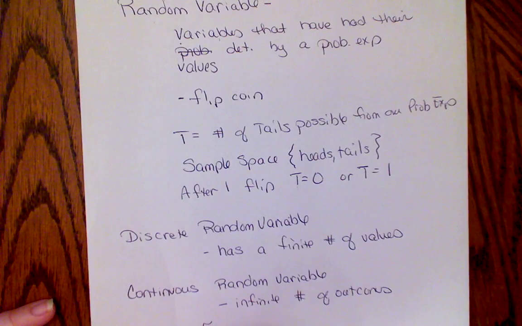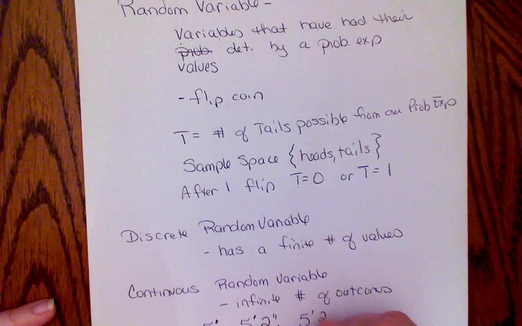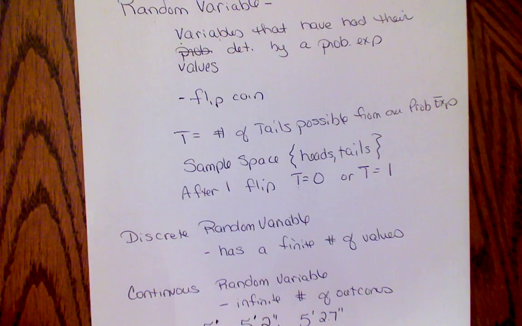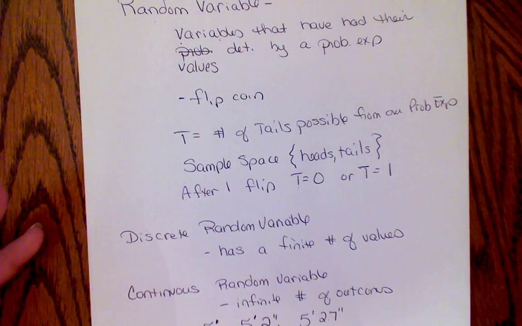Somebody could be 5 foot, somebody 5 foot 2 inches, somebody 5 foot 2.7 inches. You got a whole unit, a partial unit, a whole unit and a partial unit, so it can be in between. Things we measure can have an infinite number of values. There's no set to it.